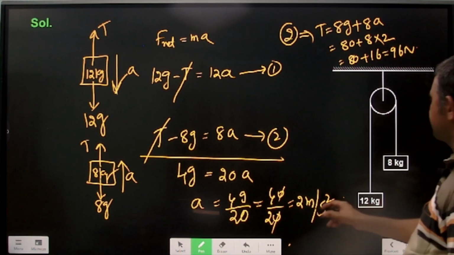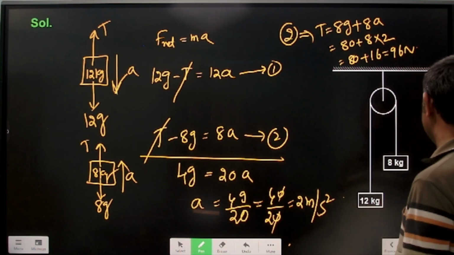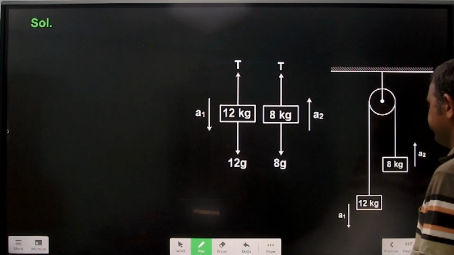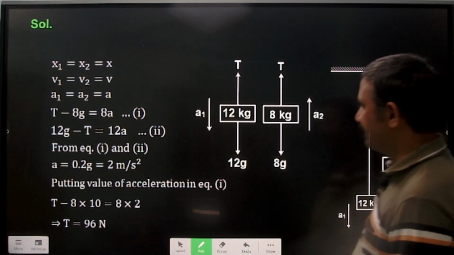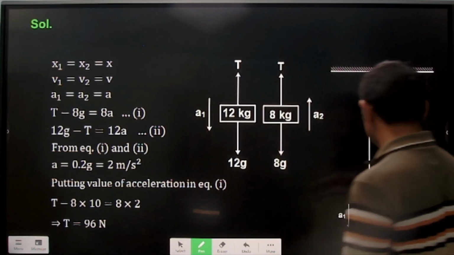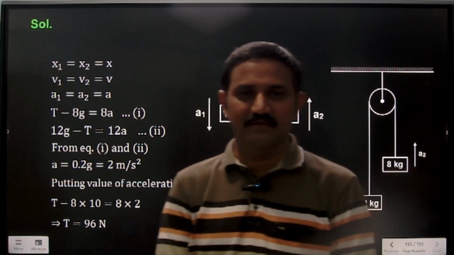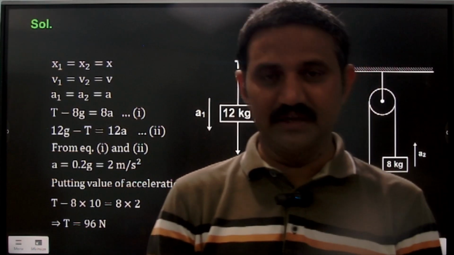So acceleration is 2 meter per second square and tension is 96 Newton. This is about the detailed part of Newton's laws of motion.